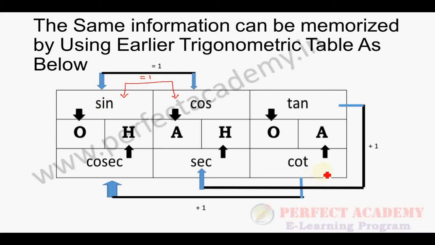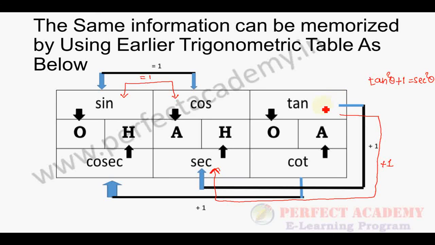Then I will start an arrow from tan and bring it till sec and show the pointer here, and I'll write 1 here, so that I will get tan square theta plus 1, which goes to sec square theta. So 1 plus tan square theta is equal to sec square theta, which is nothing but our second identity.